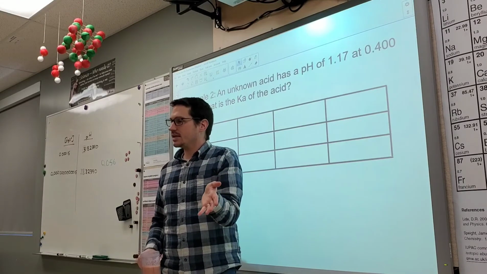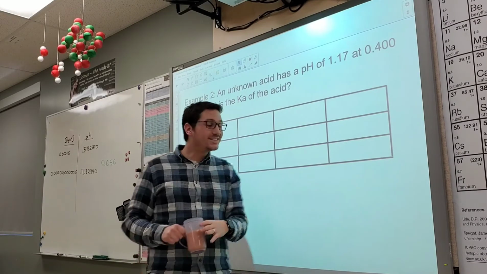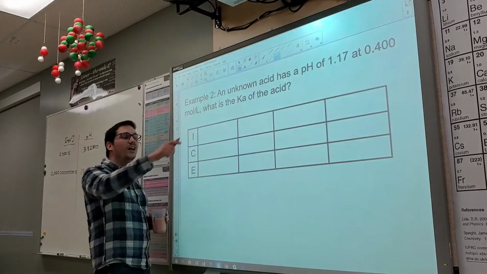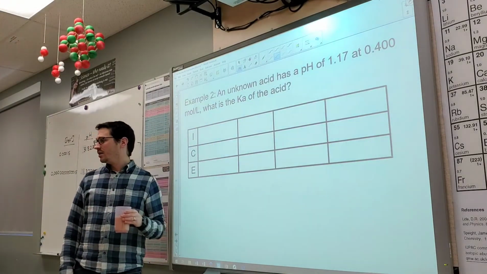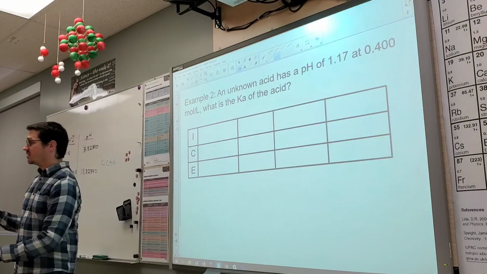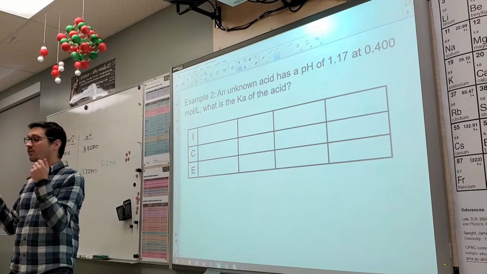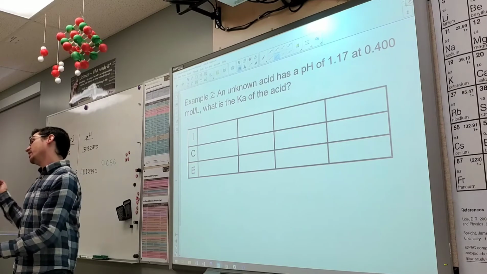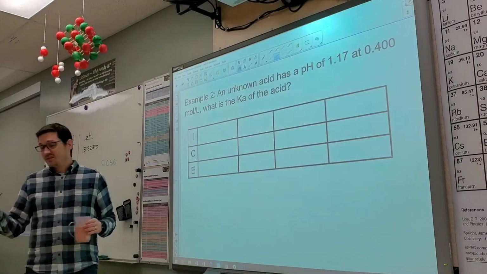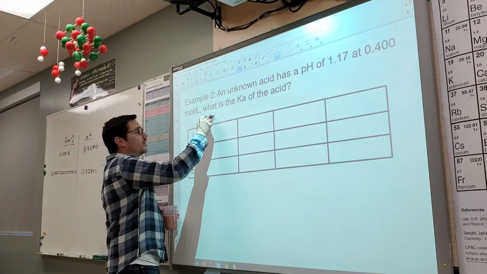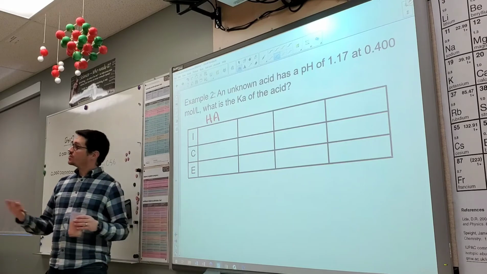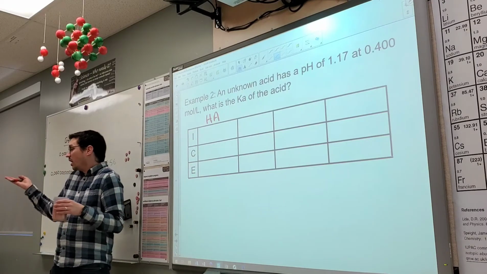This is the exact same thing that we just did, except it's an unknown acid. What chemical formula do you want to use to represent an unknown acid? HA. Other options, you could choose HX, X being unknown.